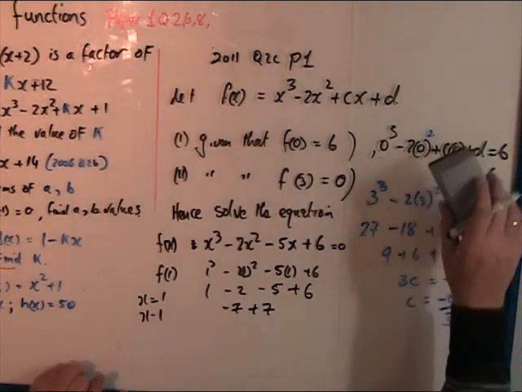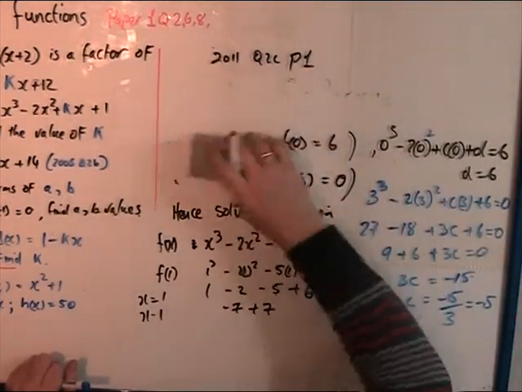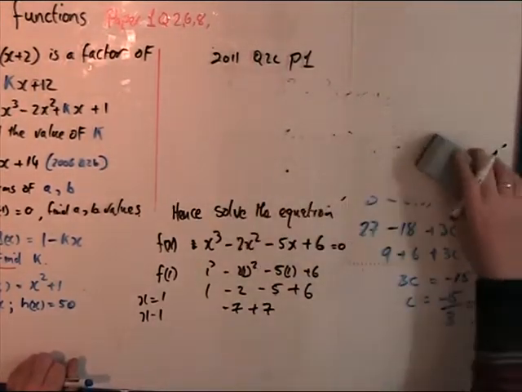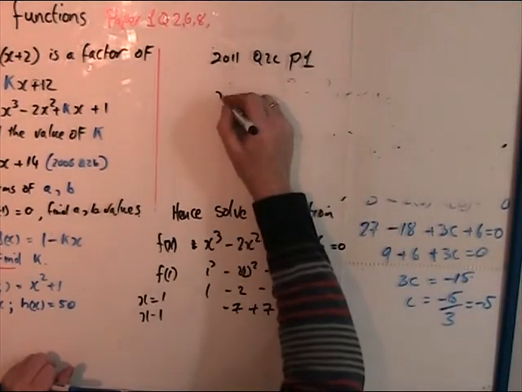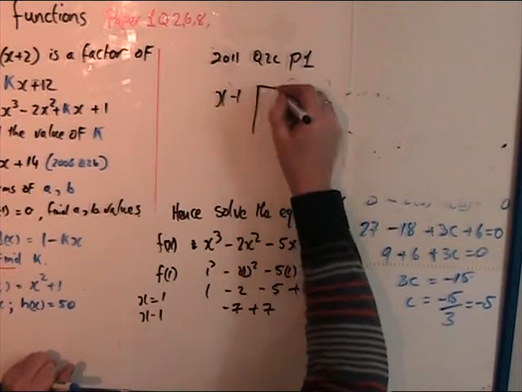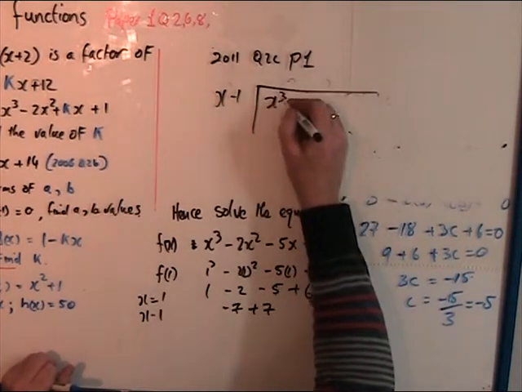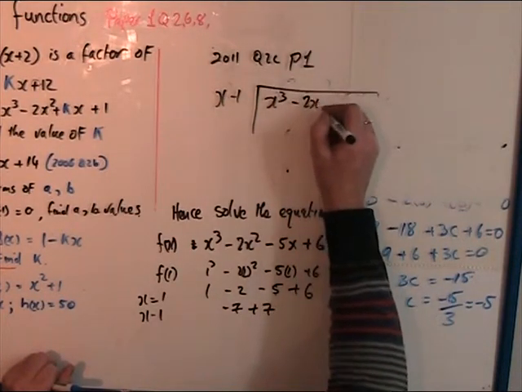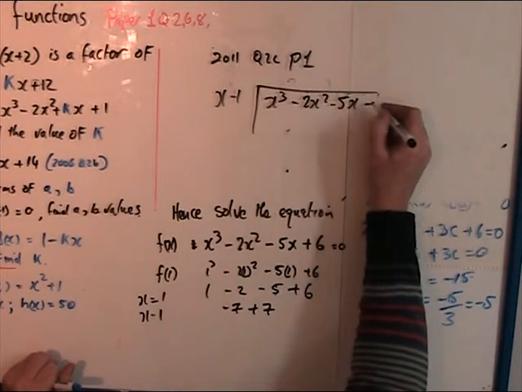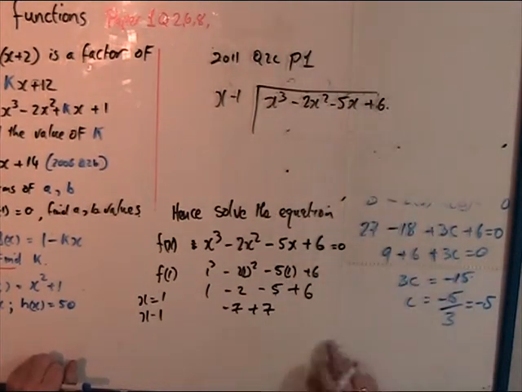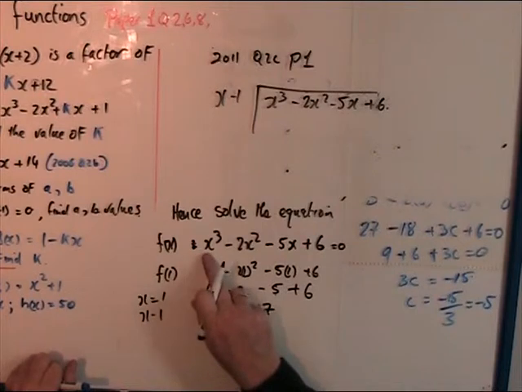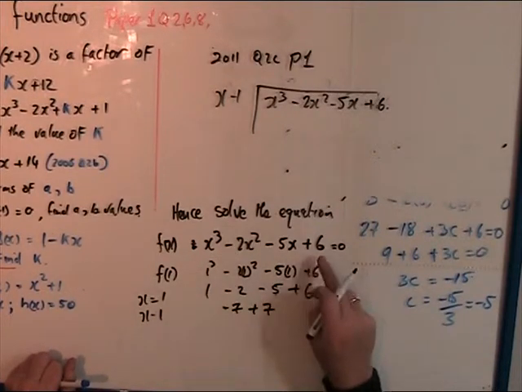Right, okay. So we go back up to the top and we divide x minus 1 into x cubed minus 2x squared minus 5x plus 6. Always check: x cubed minus 2x squared minus 5x plus 6.